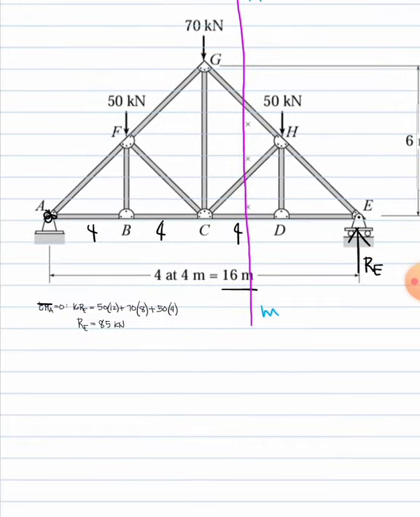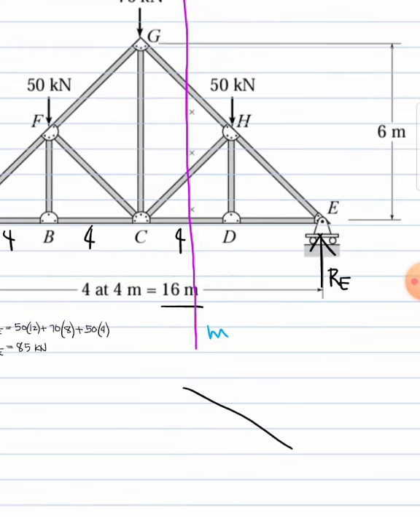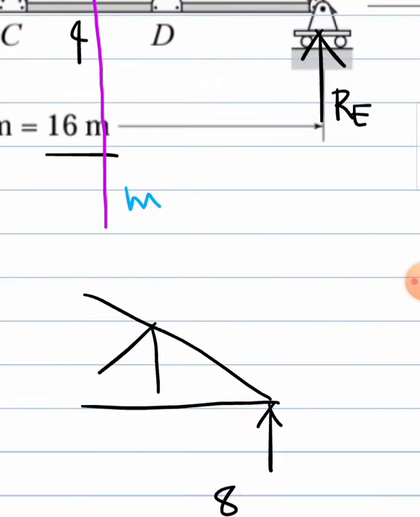To make it a little bit faster, I will choose the right-hand side. So I will draw the free body diagram of it, and it will look like this. Our reaction here is 85.